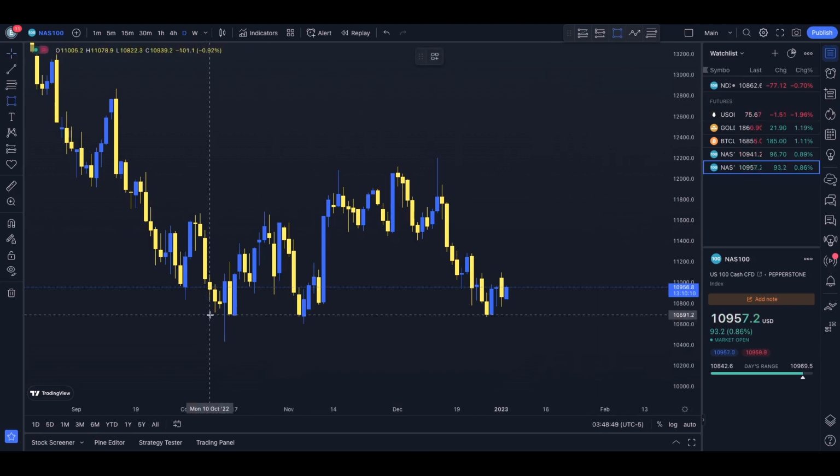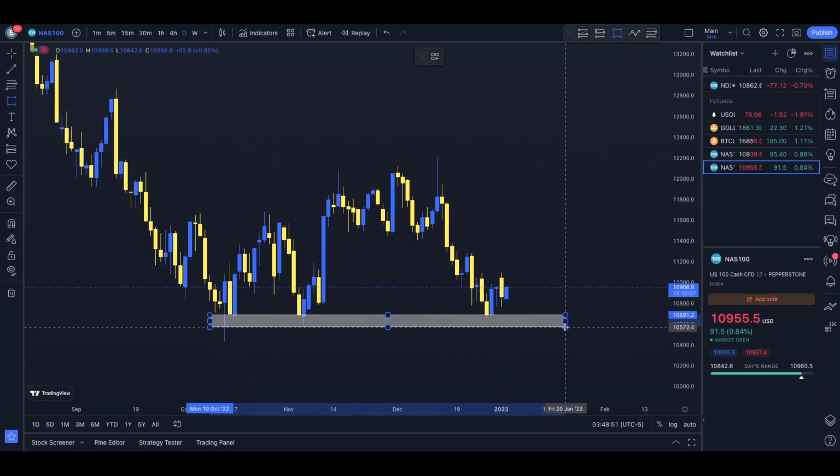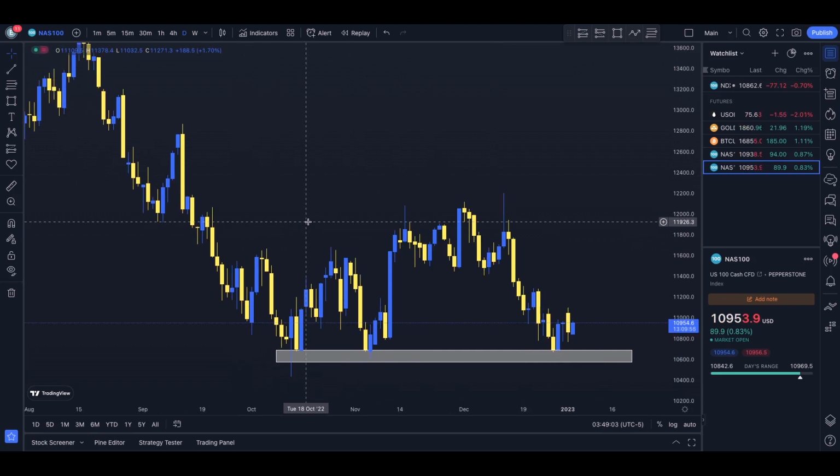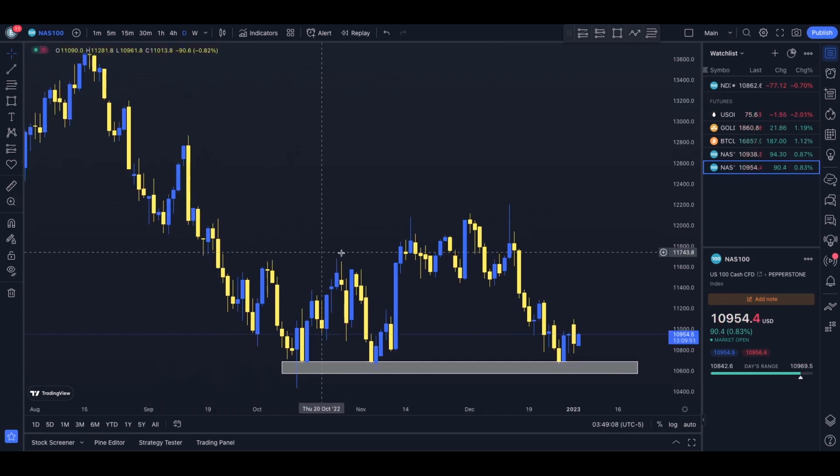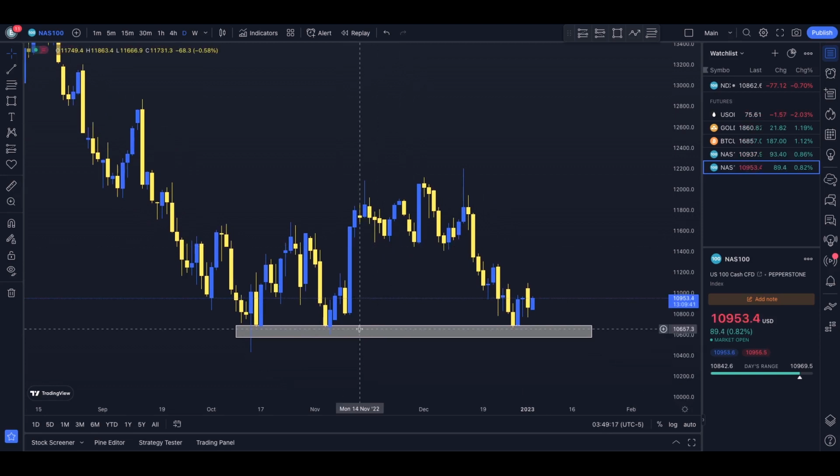We have this support zone that has not been broken for a very long time. It has not been broken since October of 2022, and we're actually rejecting it right now over here. So I know the market is actually bullish. As you can see, the market is trending downward, but just because we have a support zone right here that has not been broken for the past 6 months, all I'm going to be looking for is buys, unless we break this support zone.